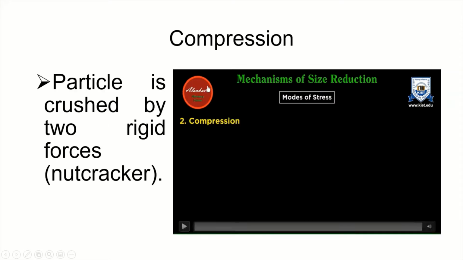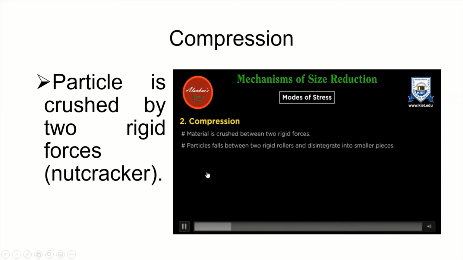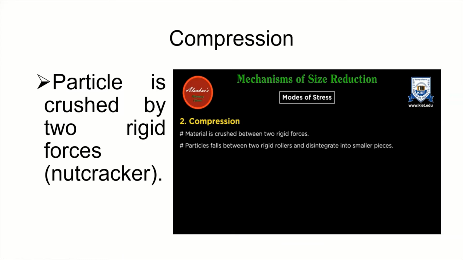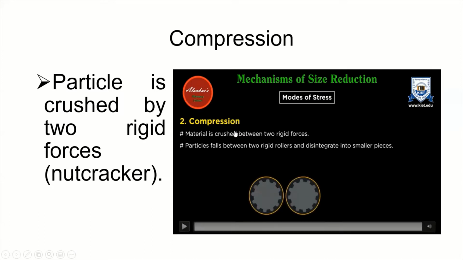So next, compression. In compression, the particle is crushed by two rigid forces. Example, nutcracker. As you can see in the video, the material is crushed between two rigid forces.